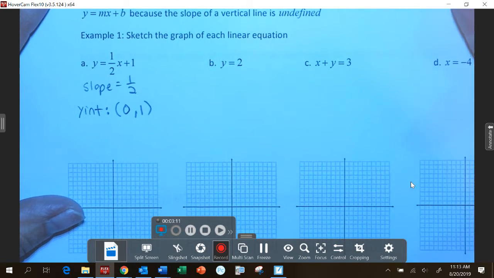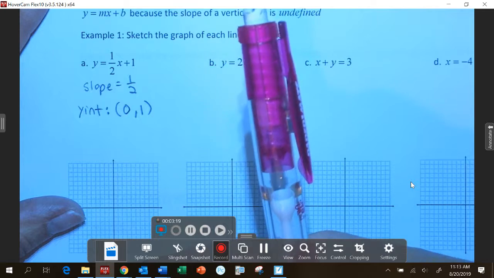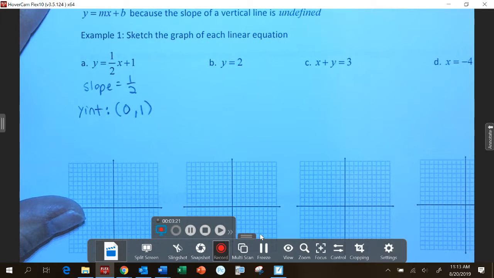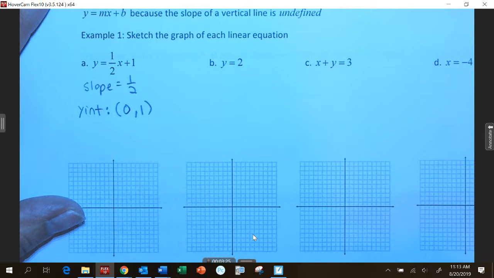Now, I cannot read your mind, so when you go to graph this, and I even wrote it in the directions in your assignment, you have to write down this information. If the word slope is too long to write down, what could we write instead of the 5-letter word slope? How about m?